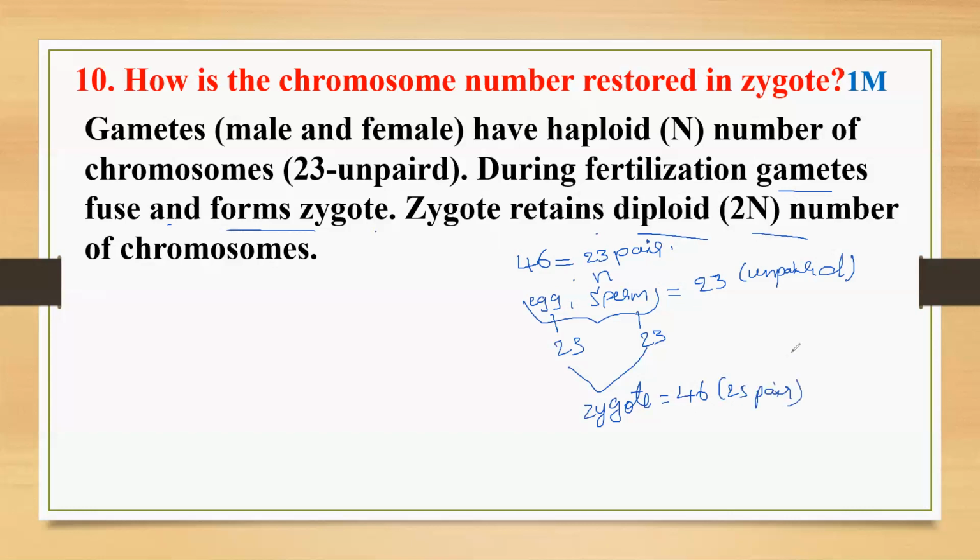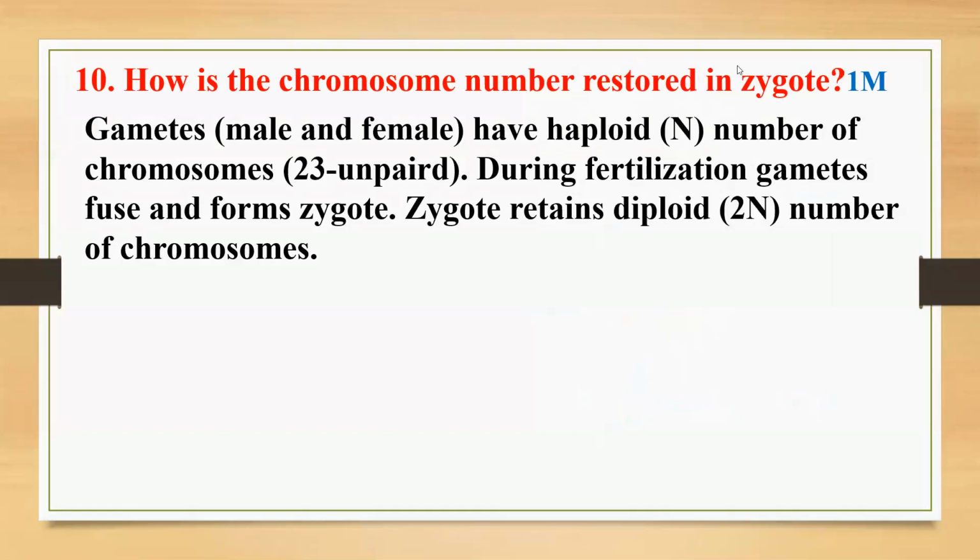So the same chromosomes that human beings generally have are restored as such. Understood the concept? This is how the chromosome number is restored. Let's move to another question.